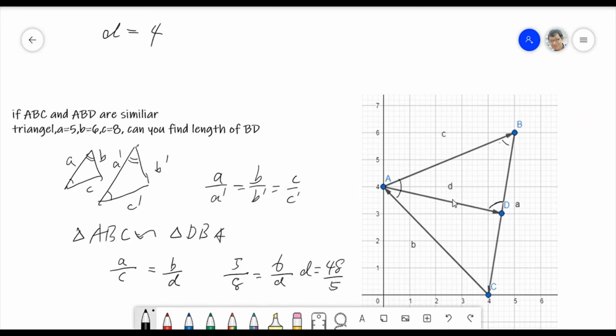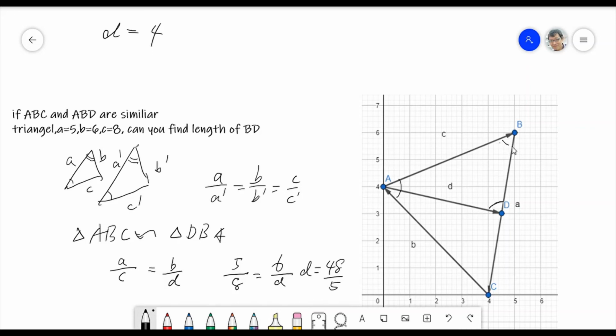We have D, and what we need to find is BD. This angle we don't know, so it's a little complicated.